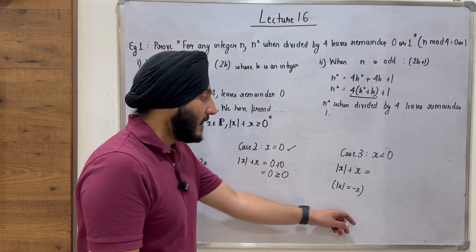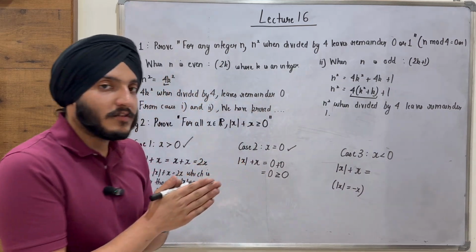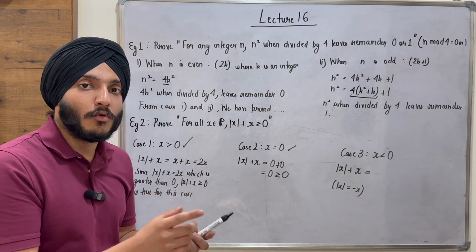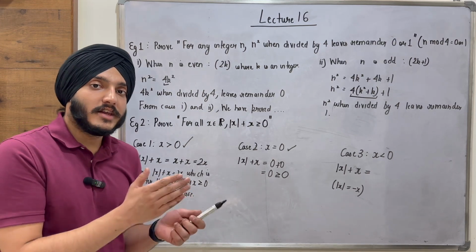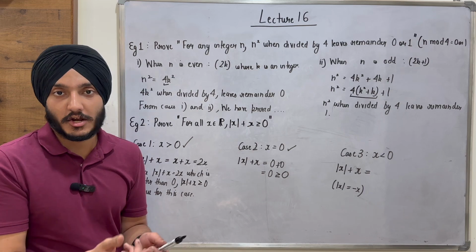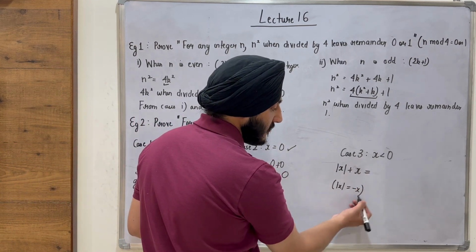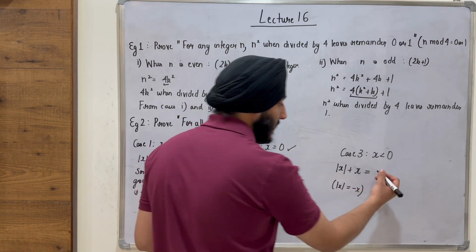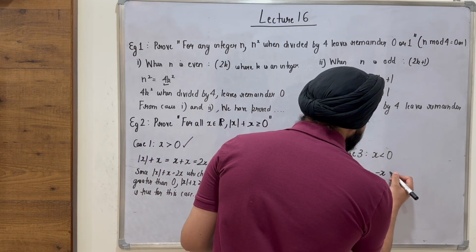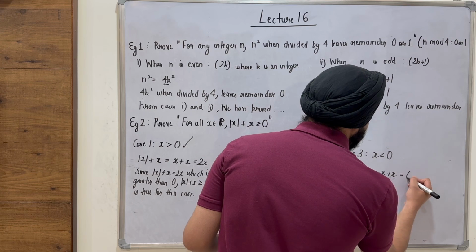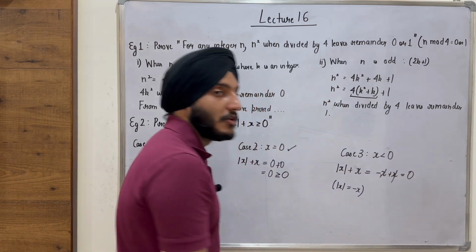Think about it, right? If the value is negative 4, then the absolute value of negative 4 basically means it is the negative of negative 4, which converts it into a positive value. So the absolute value of x when x is less than 0 is going to be negative x. This means that this is going to be negative x plus x, which is actually equal to 0, right?